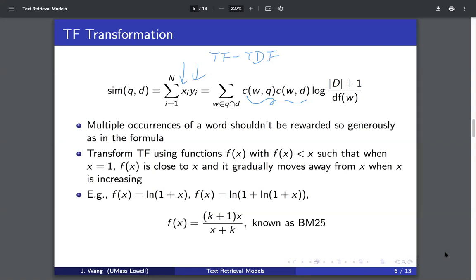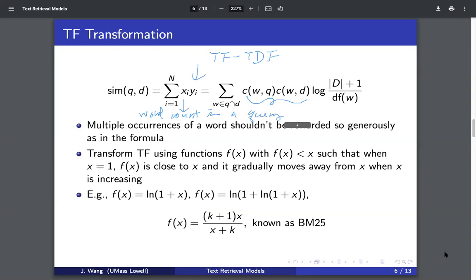Let me erase this. We're going to let xi be the word count in the query.